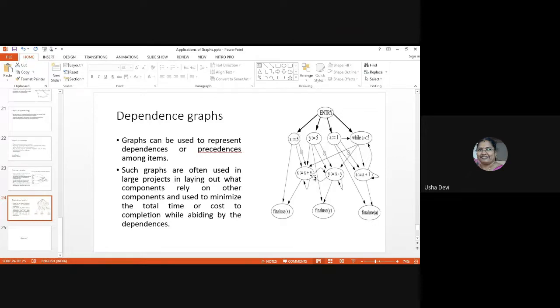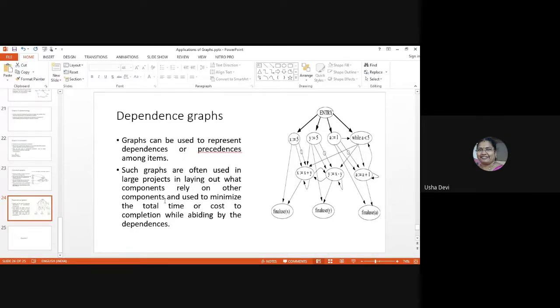Similarly, this state is dependent on some other states, and that kind of dependencies are represented with the help of a dependence graph. These are used in large projects, specifically where one component relies on another component.